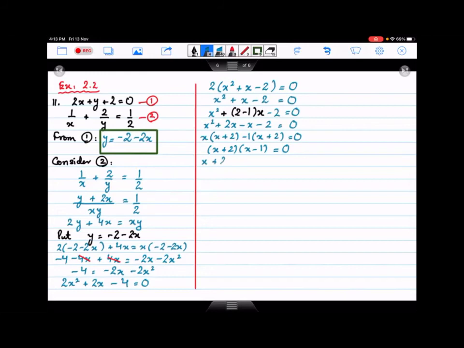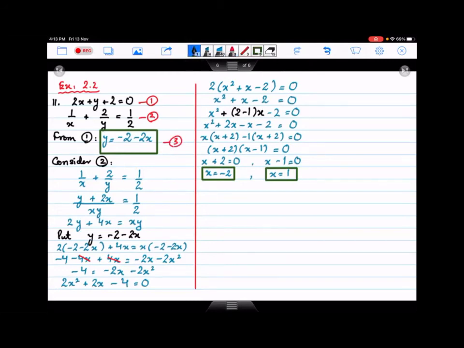So either we will take the first value equals to 0 or we will take the next value equals to 0. So we will get two values of x, that is minus 2 and 1. So now we have the values of x, that is 1 and minus 2. So that was equation 3.